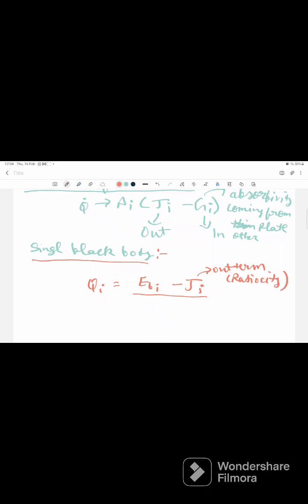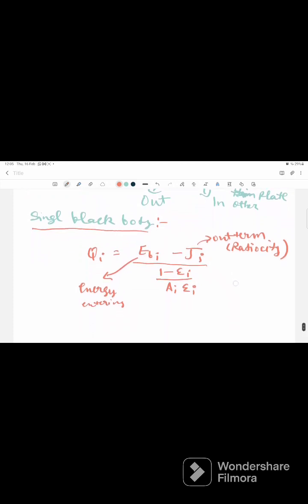This is energy entering. So resistance is defined as (1 minus epsilon) upon epsilon A. Okay, so energy entering minus energy out.